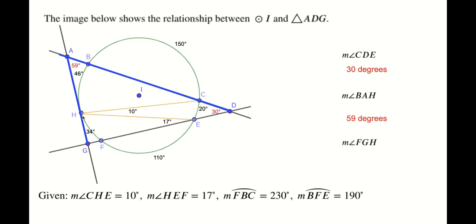So this arc here is 34 plus 110 plus 20, which is 164. 164 minus 46, and then divided by 2 is 59. From there, I can easily find the last angle because this is a triangle. They all add up to 180 degrees, and I can find that FGH is 90 degrees.